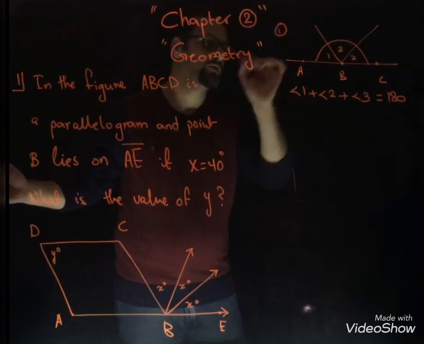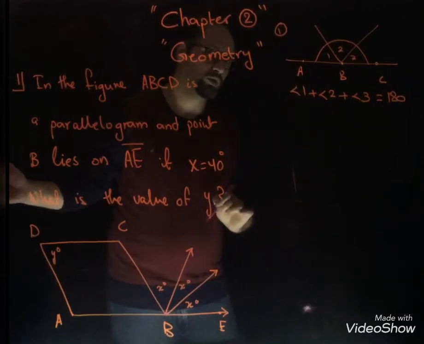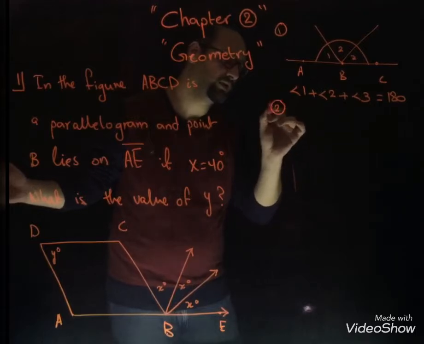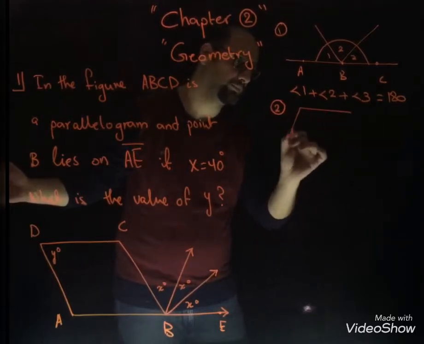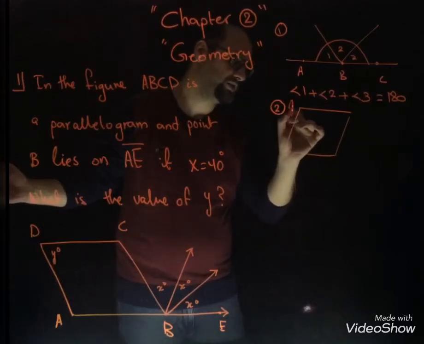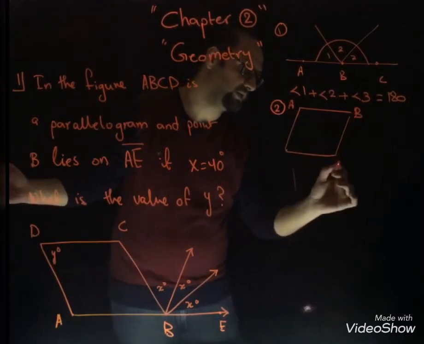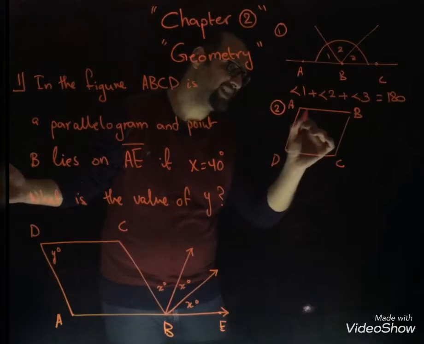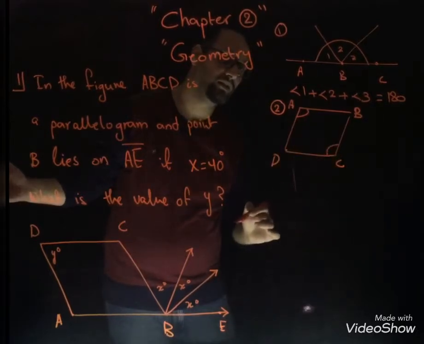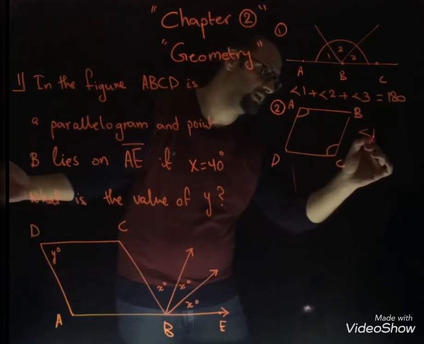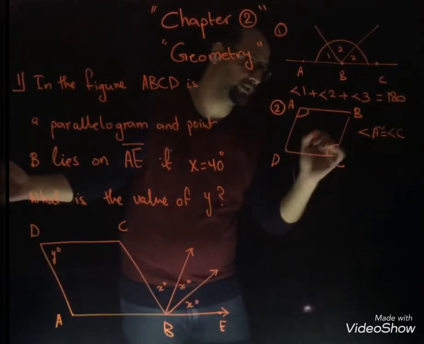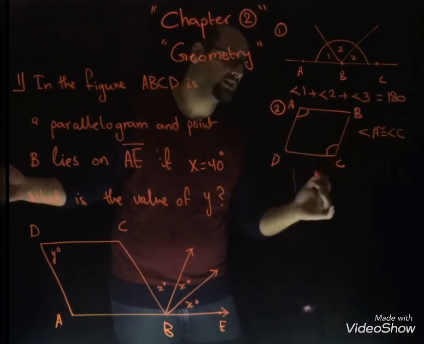This is the first piece of information. The second one is about the parallelogram. If we have a parallelogram, this angle A, this B, this C, and this D, the angle A always equals the angle C. So the angle A is always congruent to angle C. Congruent means equal.